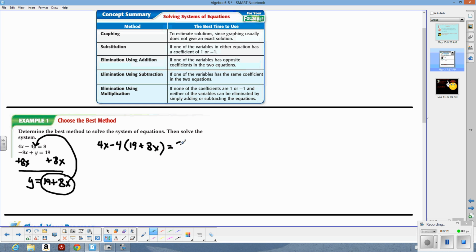equals 8. Now we're going to simplify this by using the distributive property. 4x, now we're going to do -4 times 19. -4 times 19 is going to be negative 76.